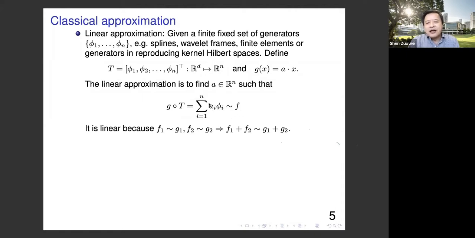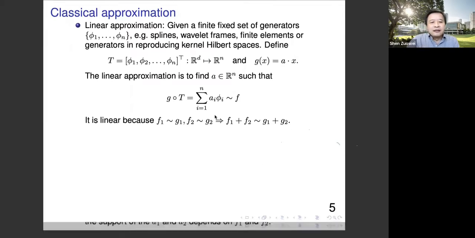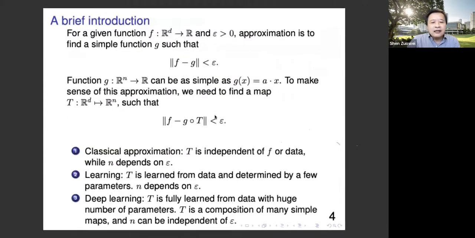You need the inner product of your f with each basis function, the coefficient, to decay fast. That means you need f to be smooth. That's why in classical approximation you talk about the approximation order and the smoothness.